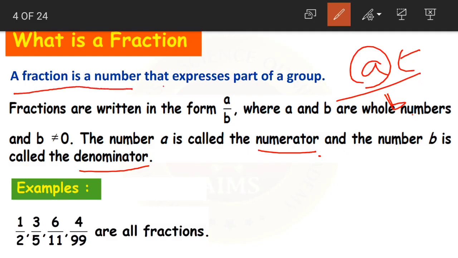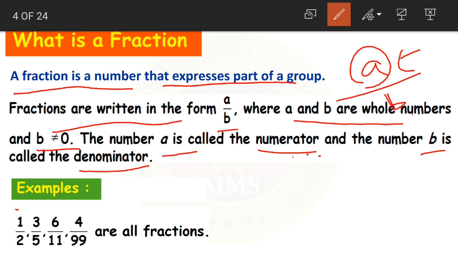A fraction is a number that expresses part of a group. Fractions are written in the form of A by B, where A and B are whole numbers and B is not equal to 0. The number A is called the numerator and the number B is called the denominator. Now what can be the examples of fractions? 1 by 2, 3 by 5, 6 by 11, 4 by 99 are all fractions.